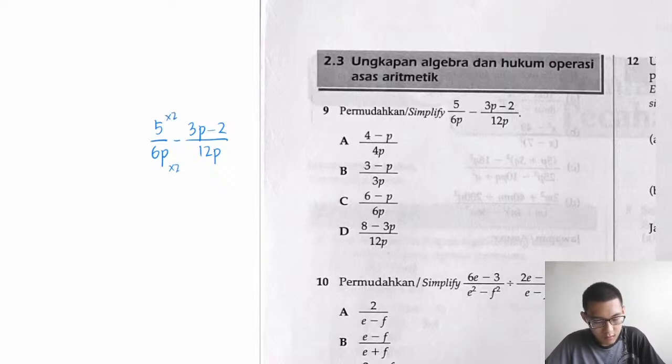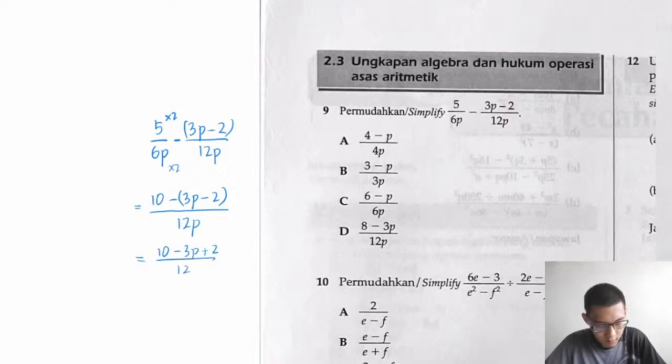The numerator also times 2, so we have 10 over minus 3p minus 2. This one is actually in brackets, because later after opening the bracket it becomes positive. So positive 10 minus 3p plus 2, so we have 12 minus 3p over 12p.